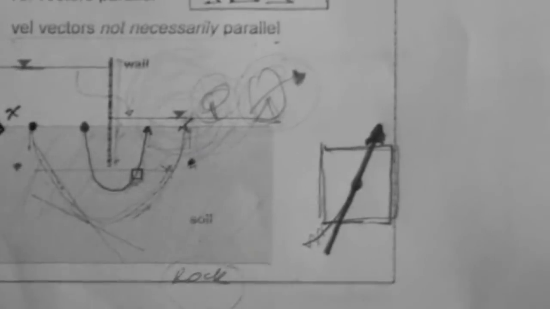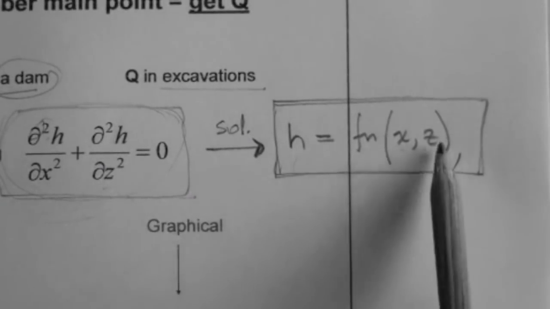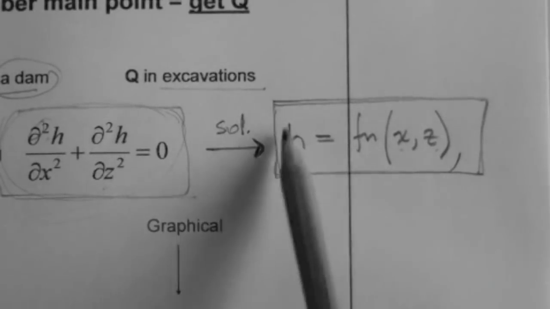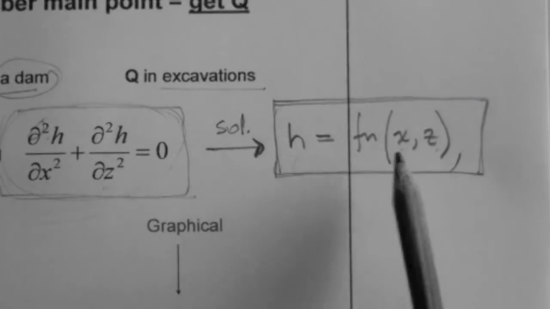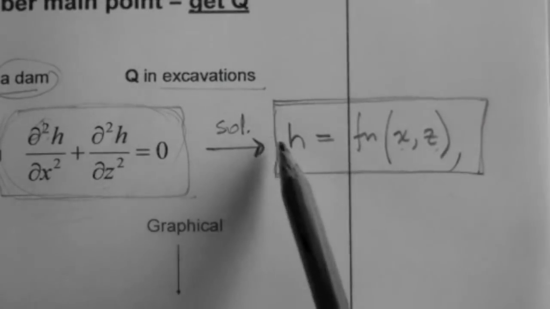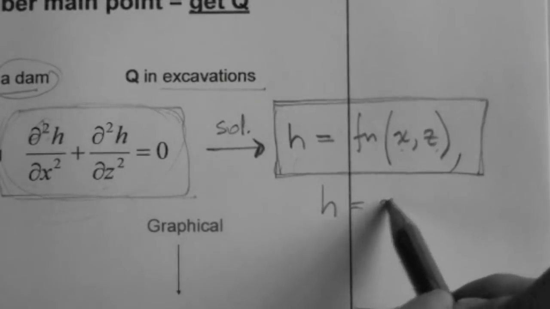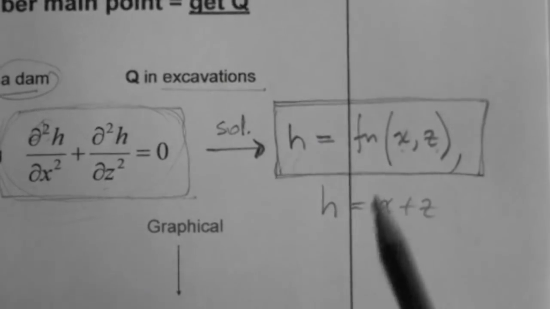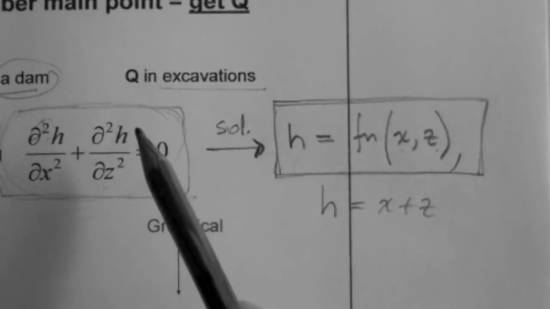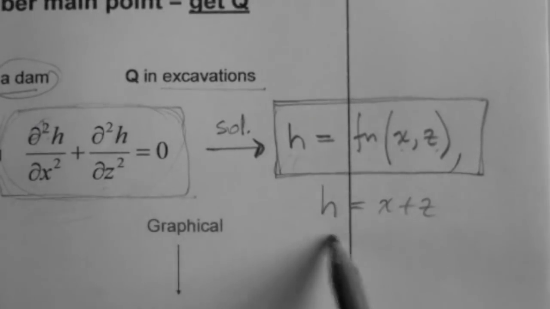So if we have this equation, if we know that this is 50 and this is 10, then we can get h. Okay? So for example, if the function is x plus z, h is equal to, let's say for a given problem, h is equal to x plus z. Let's say that's the solution to the differential equation, Laplace. We get this.